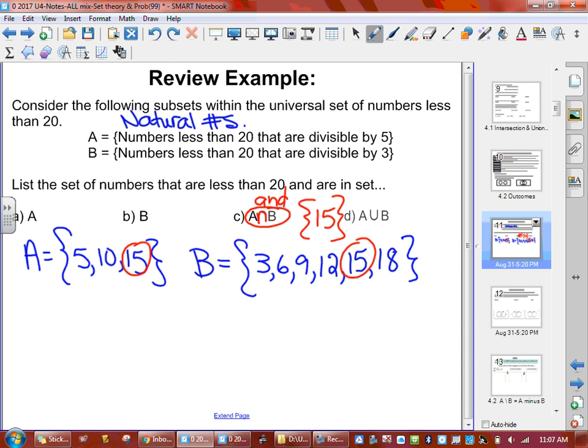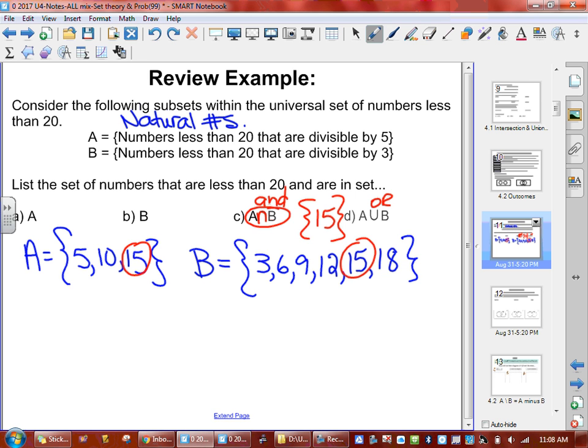Now, how is letter D different? Letter D is asking me for A union B. What does A union B mean? Right, we read it as A or B. So if I mean A or B, that means all of A, or all of B, or both.